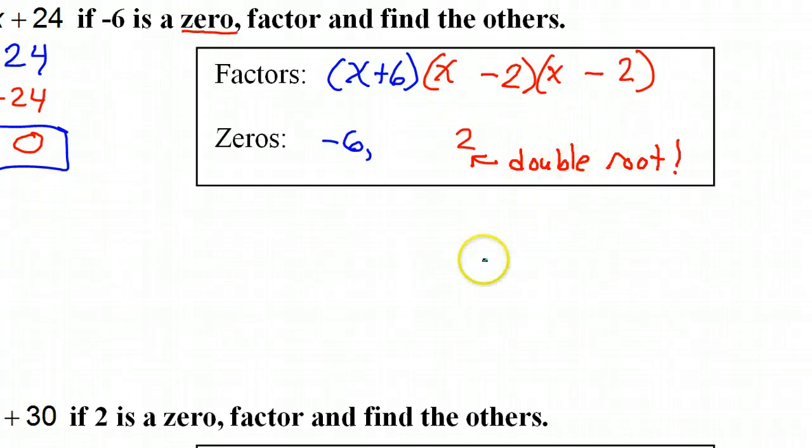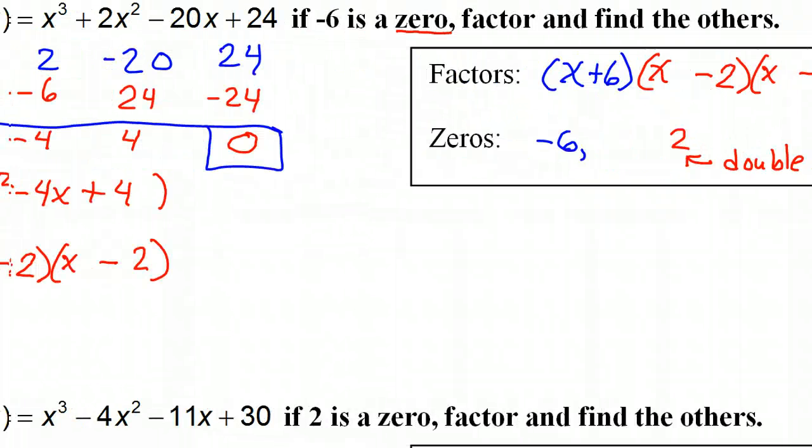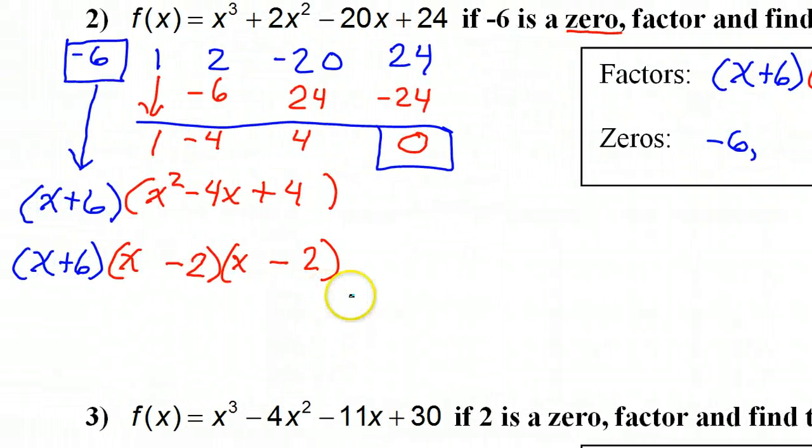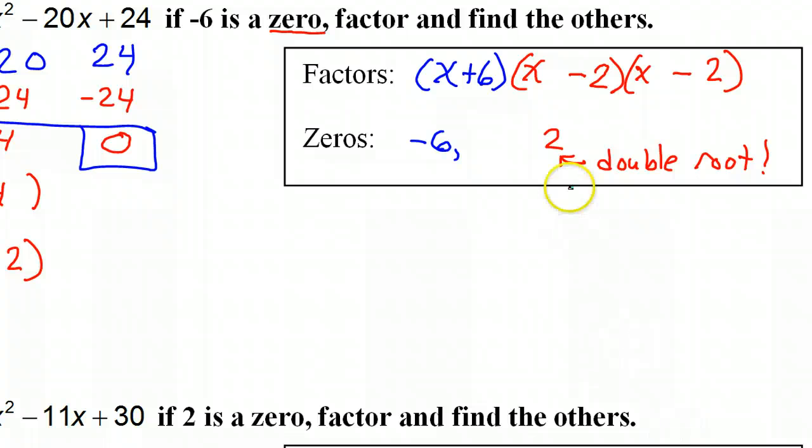Okay, if you list it twice, I'm not going to mark it wrong or anything. By the way, if I were to do the graph of this, because this is a double root, remember, this would be the same thing as having x minus 2 squared. The graph, how should the graph look when it hits this 2? Do you remember that when it's a double root, it should be a bounce?